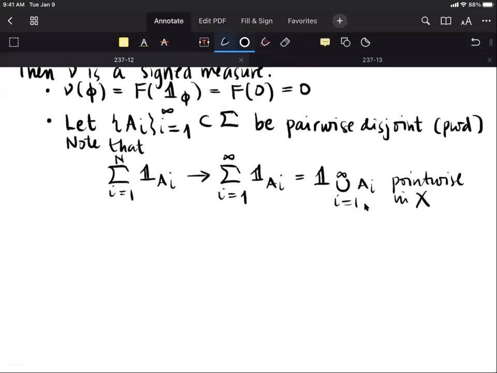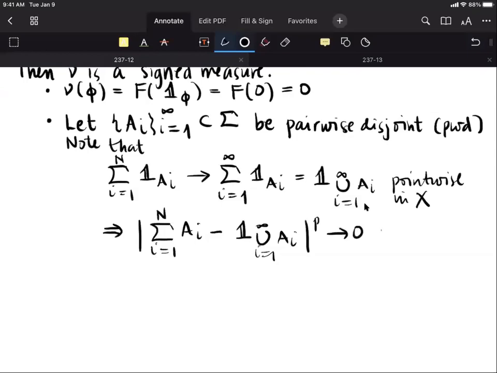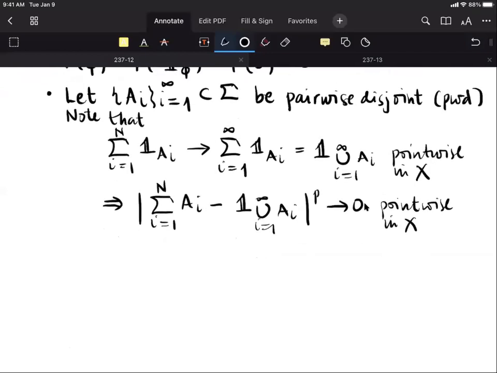And moreover, note that we have this immediately. Okay, so pointwise in X. So you have that.